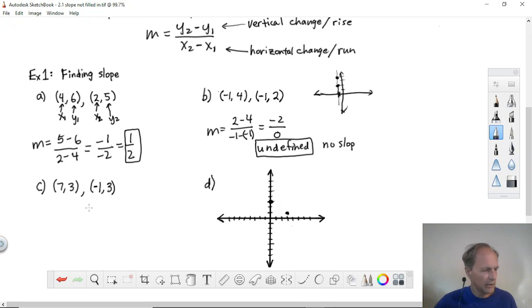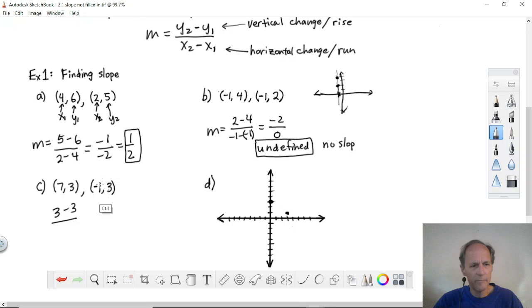Okay, so let's look at this one down here. We have 2 points, that is 2 ordered pairs. We take y sub 2 minus y sub 1 for the numerator, and this right there is our y sub 2, and that's our y sub 1, right? So that's 3 minus 3.